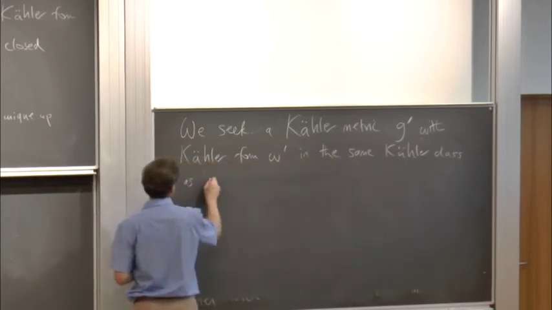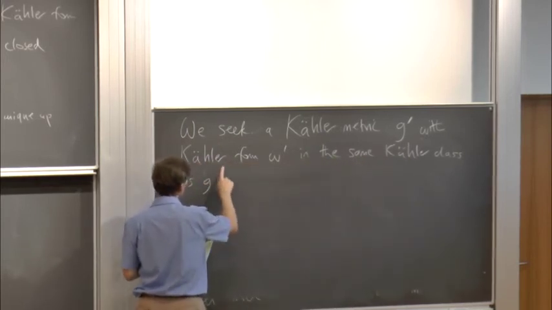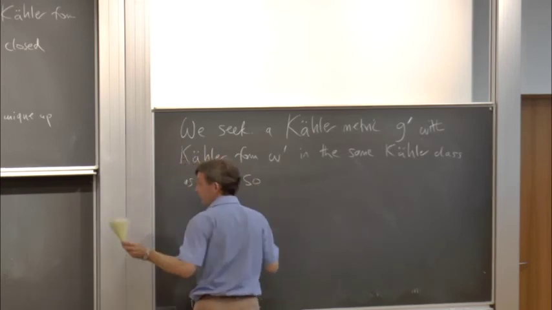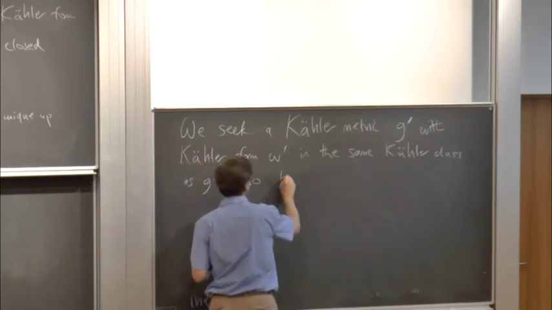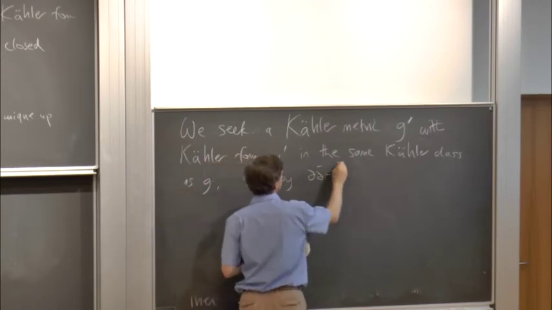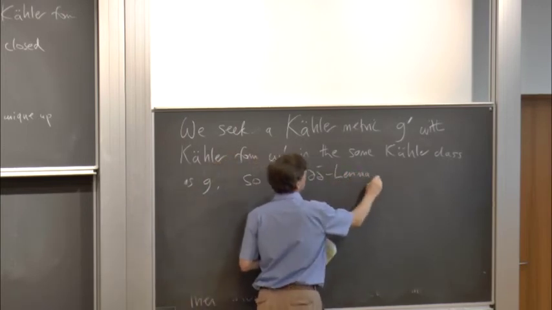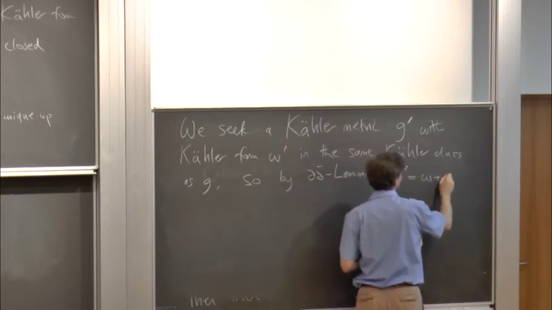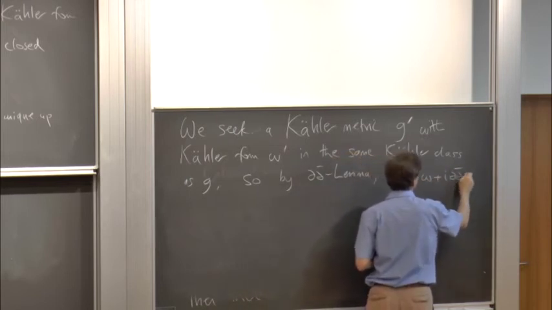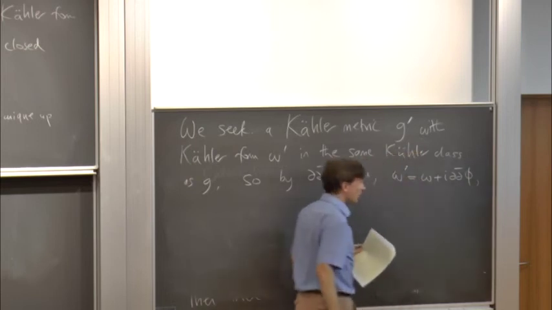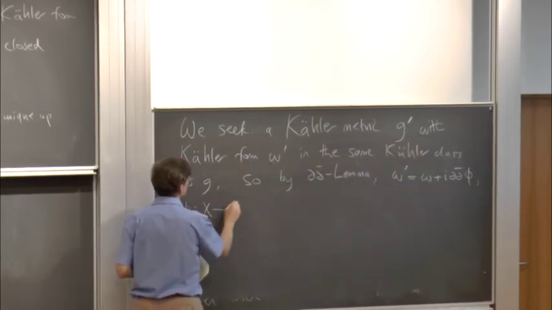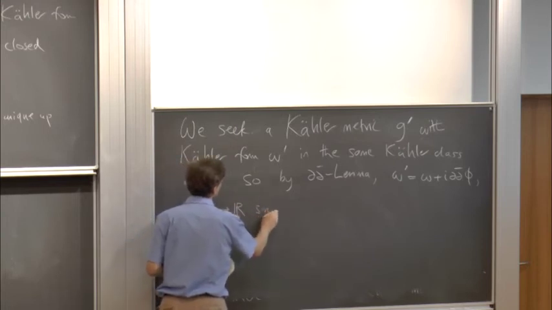So again by the ddbar lemma, we can write ω' is equal to ω plus i ∂∂̄ φ, where φ going from X into the reals is smooth.